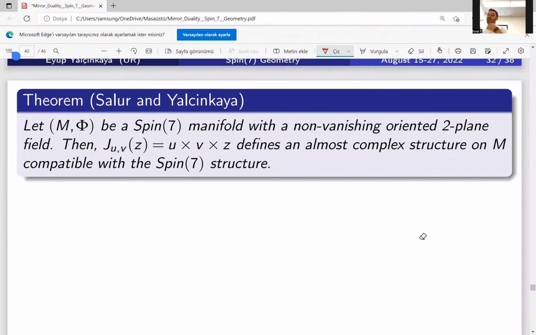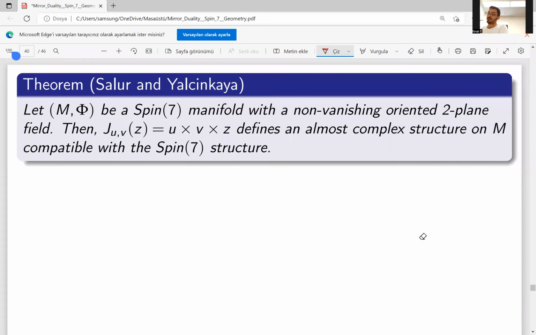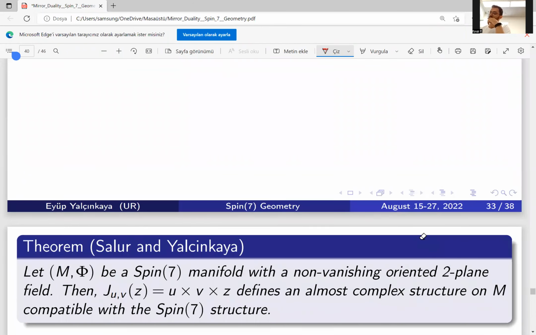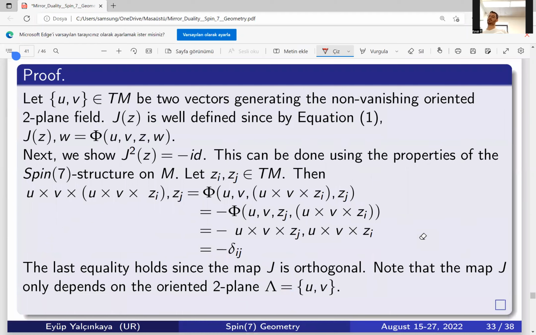And we prove with this lemma that for the Spin(7) manifold, if you have a non-vanishing oriented two-plane field, this is the assumption of Thomas, we can start with the two-plane field. Okay, so for this two-plane field, we can find the almost complex structure, and for this almost complex structure, at first we have to show that J squared has to equal the identity. So for each element, you can take this.